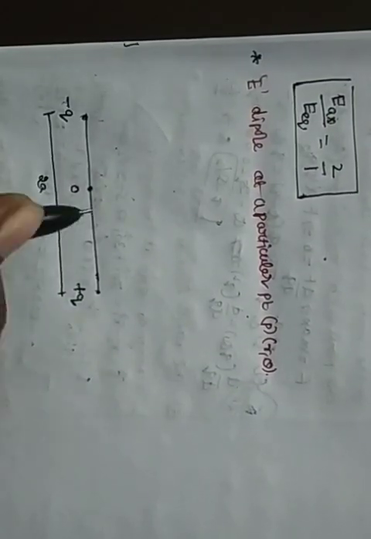Let us consider an electric dipole, represented by plus q and minus q, which are separated by a distance 2a. Now, this is a point P, which is at a distance r from the center of the electric dipole.